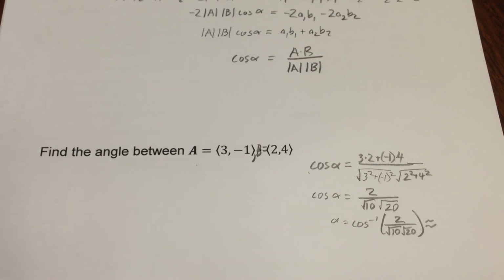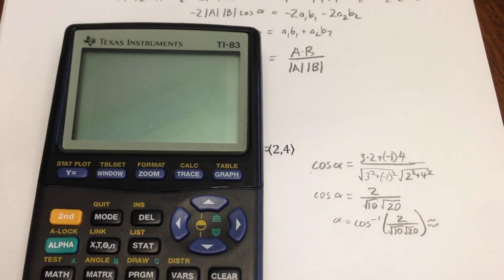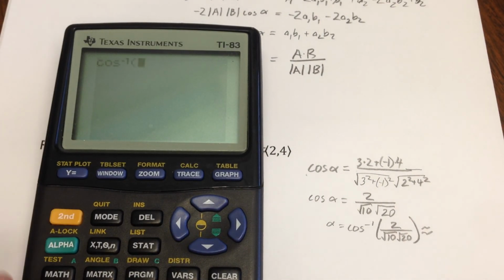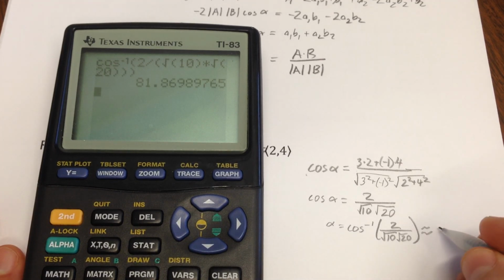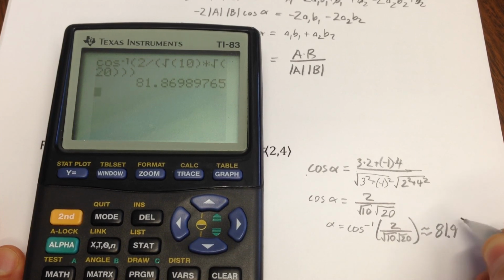So cosine inverse of 2 divided by the quantity square root of 10 times square root of 20 gives me an angle of approximately 81.9 degrees.